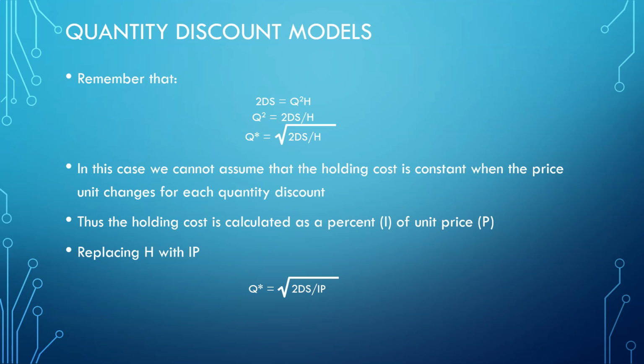The more you order, the lower the price is, so we need to take that into consideration. Thus, the holding cost is calculated as a percent I of unit price P. Replacing H with IP, the quantity formula will equal the square root of 2DS over IP.